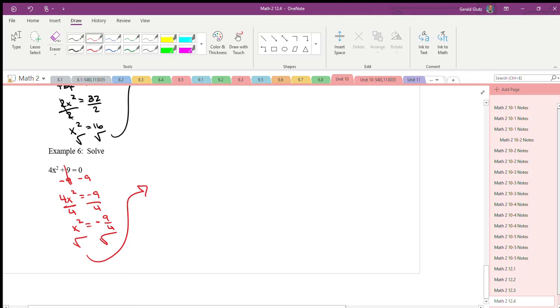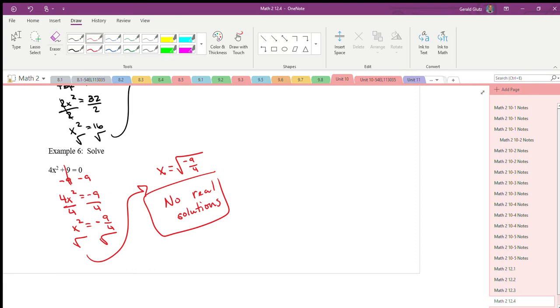So then I'll get x equals the square root of negative 9 over 4. But so far anyway, we cannot take the square root of a negative number. So that means there are no real solutions. Notice that I said not yet, we can't do that, so maybe that's a preview for the future.